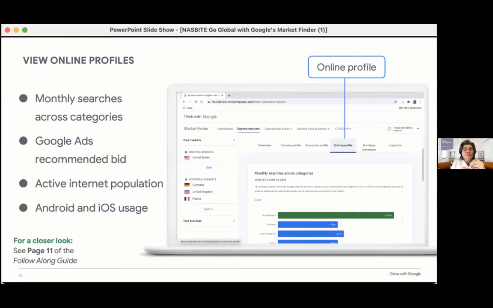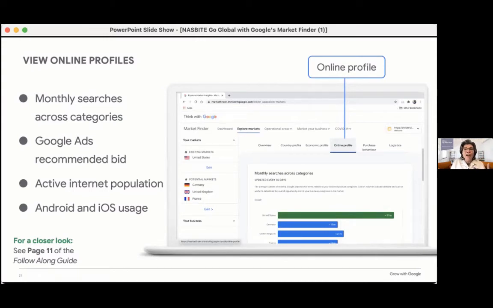You will also see some recommended bid ads for Google ads. That number is an indicator of the average cost per click, our CPC, for related keywords that you may use for your business in your chosen categories. A low CPC means there's a lower number of bidders and less competitors in the market.